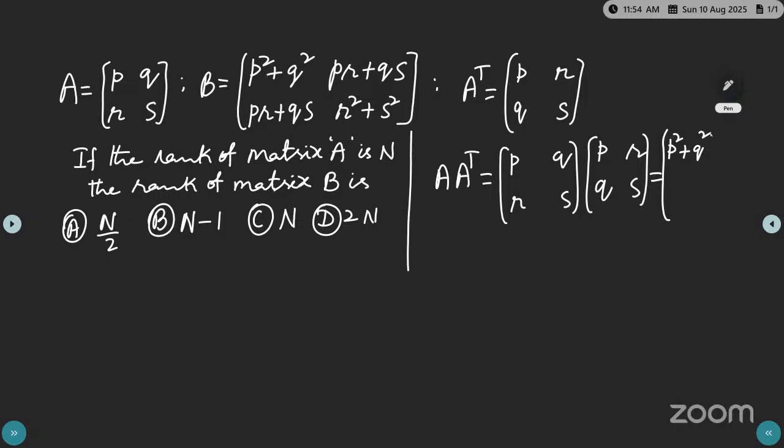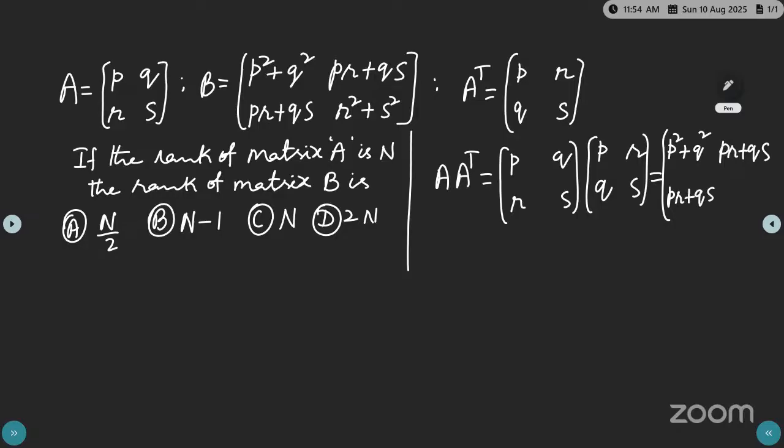That's enough. I have written A transpose directly and I'm multiplying A into A transpose. What you are getting? P square plus Q square. Next, PR plus QS. Again, PR plus QS.